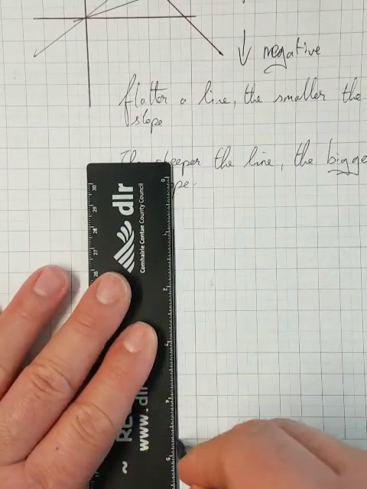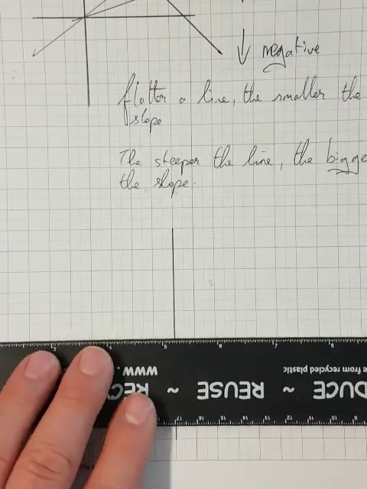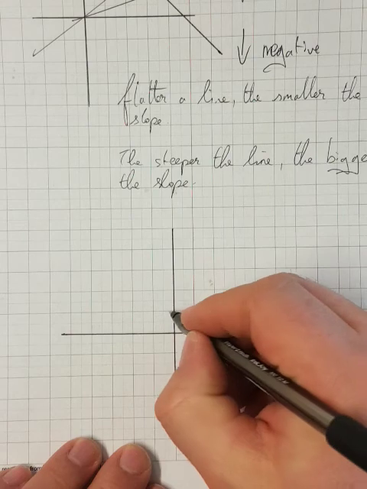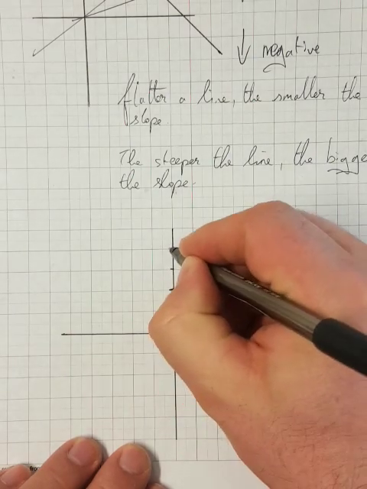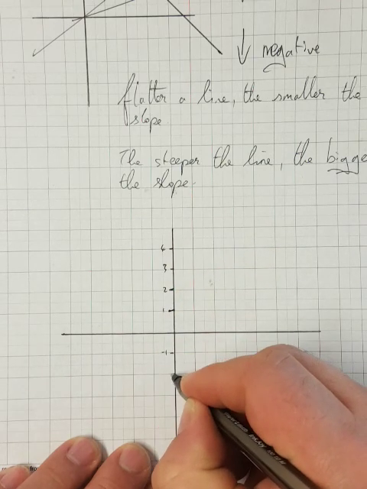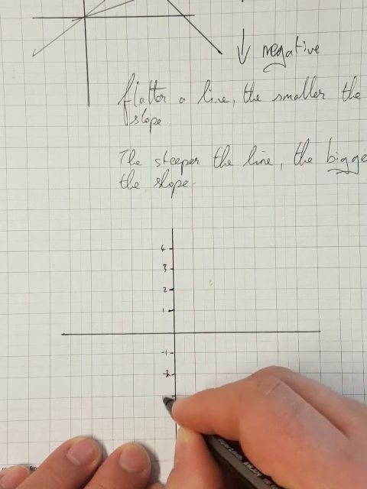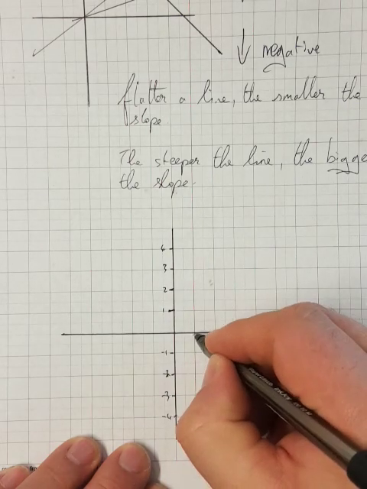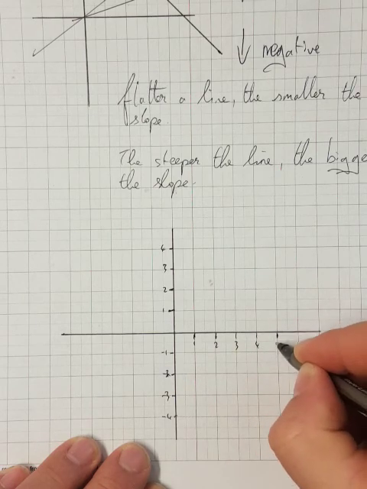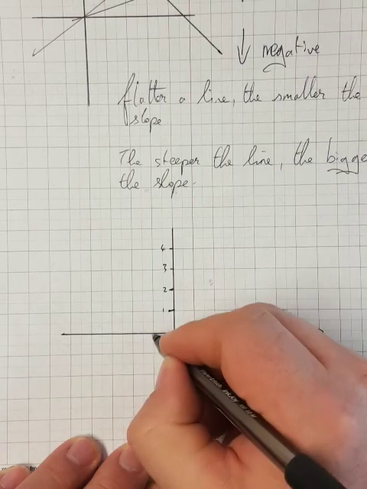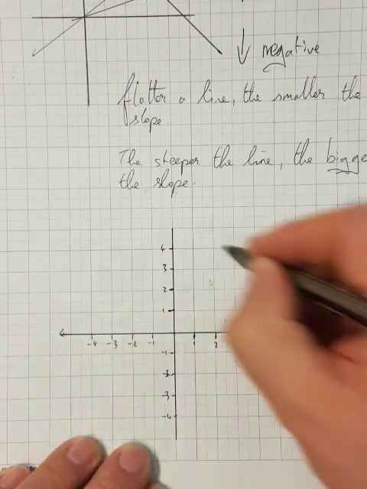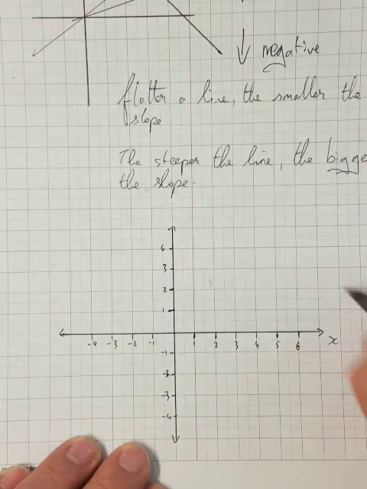Well, it's fairly straightforward. So if I just draw a very quick rough graph here, we have our x and our y.